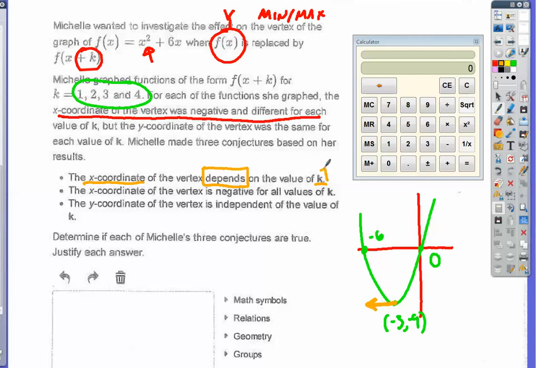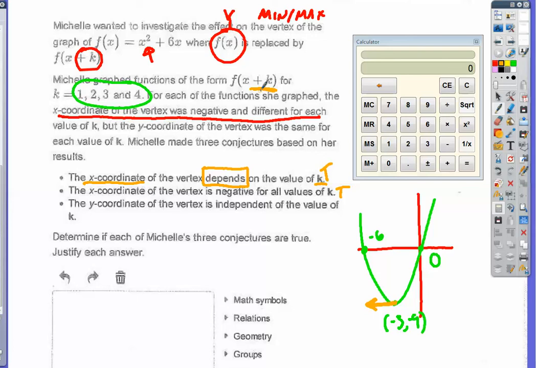So this is true. Then it said the x-coordinate of the vertex is negative for all values of k. And we'll look at this on the graph. But again, if you only slide this way, the x values will always be negative. So this one is also going to end up being true. And they're trying to trick you with this plus here, and I'll show you why in a second.